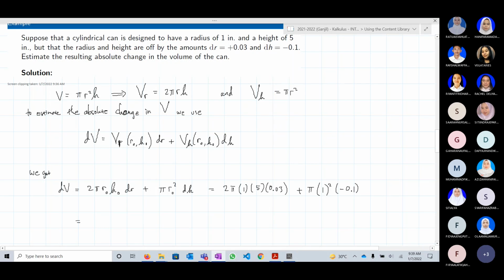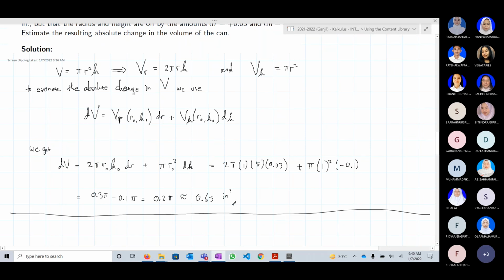And this is actually 0,3 times P minus 0,1 times P, which is 0,2 times P, which is about 0,63 inch cube. Yeah. That's it.